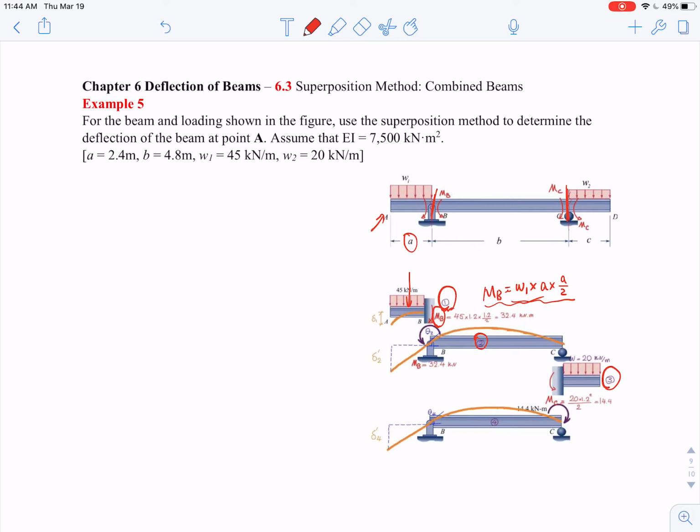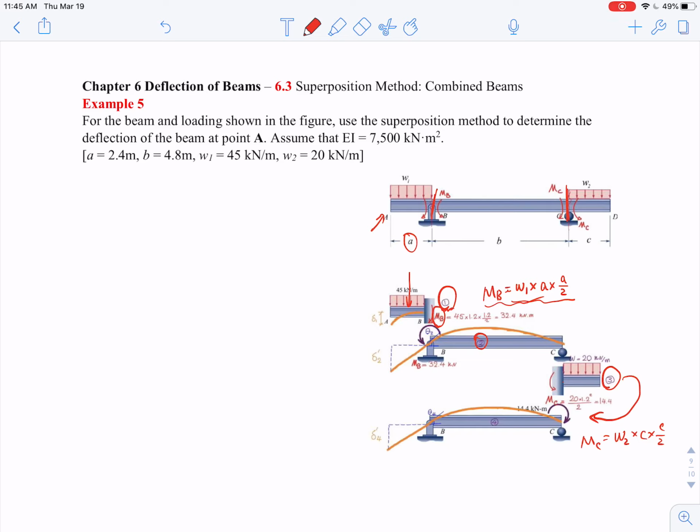All of its effect will be reflected by a resultant bending moment MC. This MC can be calculated from W2 times C over 2. This is the equation you calculate the MC.